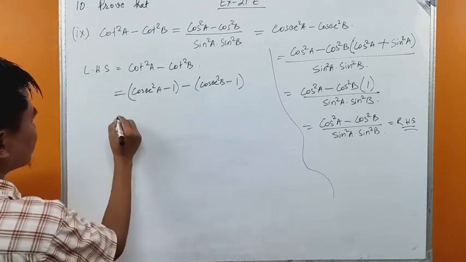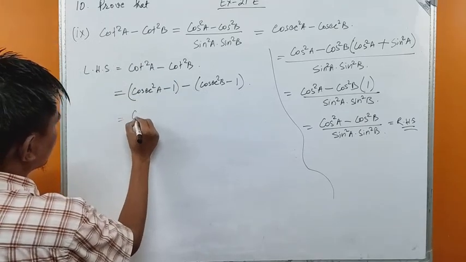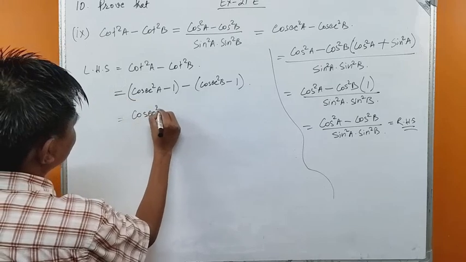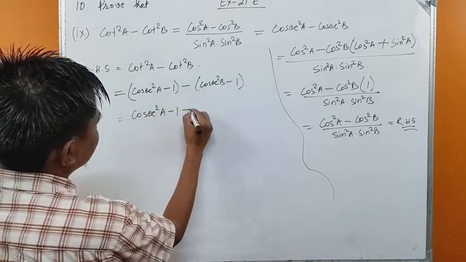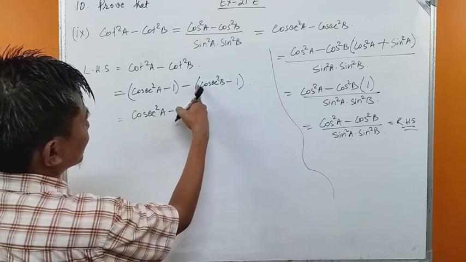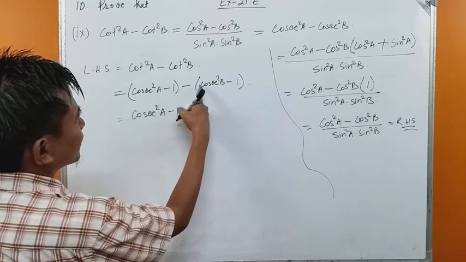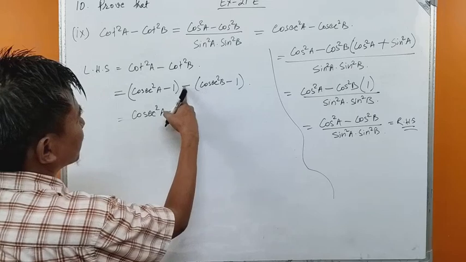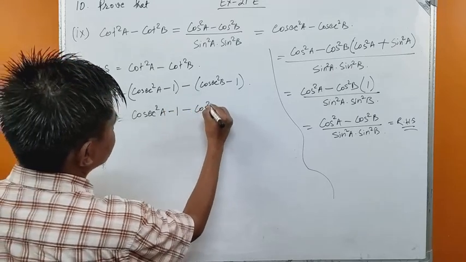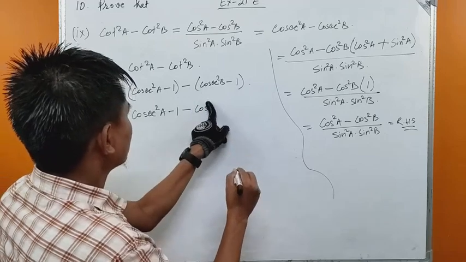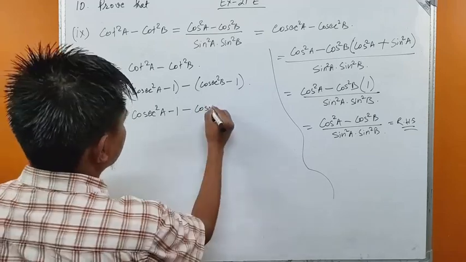Now we have cosec square A minus 1, minus into plus, minus. No sign means plus, isn't it? There is a plus sign in front of cosec square B. So minus into plus, minus cosec square B. This is not cos, this is cosec, okay?